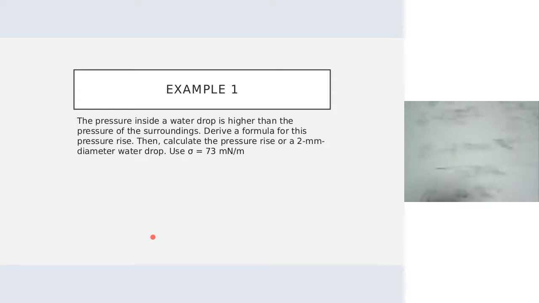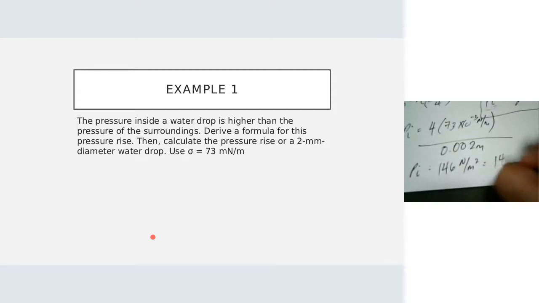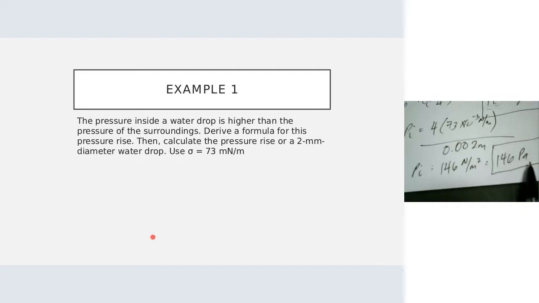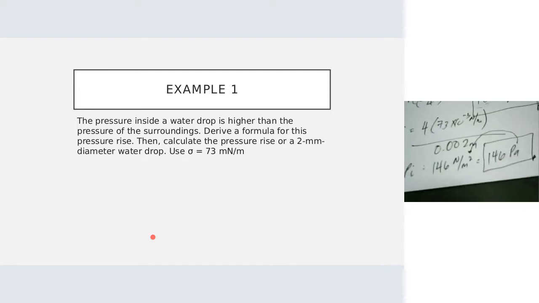Or this is also 146 pascals. They are basically the same. When we say Newton per meter squared, it's equal to Pascal. This is our answer, 146 Pascal. Any questions with example 1?